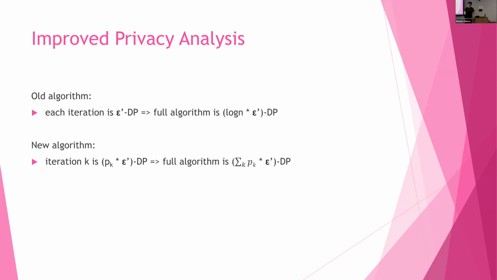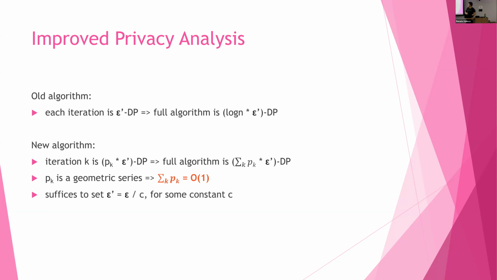And the neat thing here is, as I mentioned before, p_k forms a geometric series, or I guess a finite geometric sequence. And the sequence is bounded from above because these are probabilities. So as a result, we know that the sum of p_k is at most a constant. This constant depends on eta, but it's a constant.